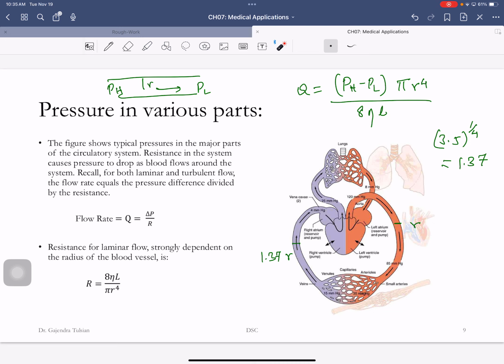The osmotic pressure is 22 millimeters of mercury. At the arterial end, when the pressure is higher, water is forced out, and this water is reabsorbed at the venule end where the pressure is lower than the osmotic pressure.